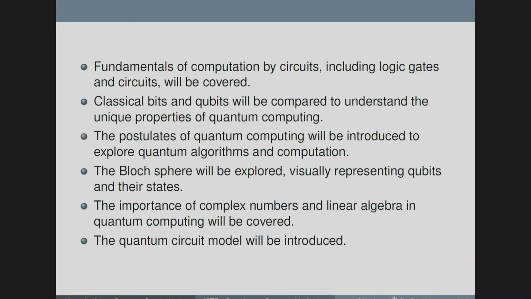We'll then talk about the postulates of quantum mechanics. I'm going to give you an overview. Each of them is probably a lecture by itself, but you should get an overview just in case you've forgotten. Then we'll discuss the Bloch sphere, which is a way of visually representing the qubit. We'll do a little bit of complex numbers and linear algebra that we use for quantum computing, and then we'll talk about the quantum circuit model.